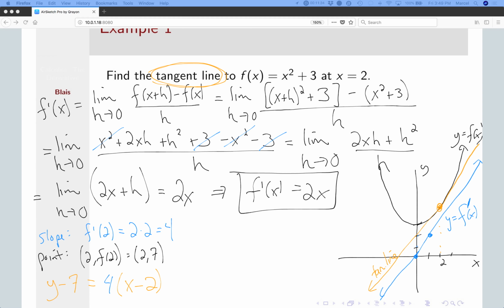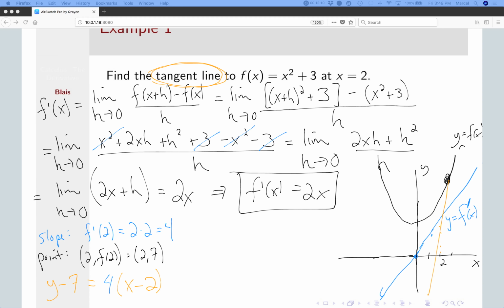And so this gives us the slope of the tangent line, which I didn't draw very well. Maybe we can get in here and redraw it. So our tangent line is at the point 2, 7. So up here, and we have a slope.